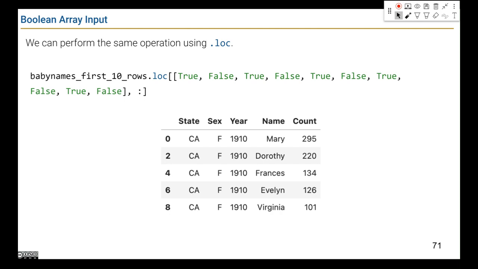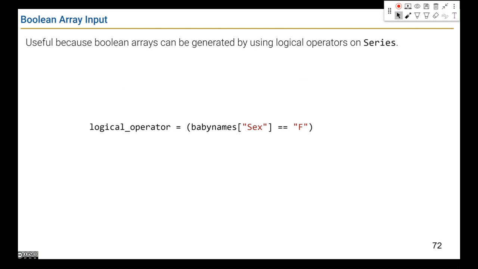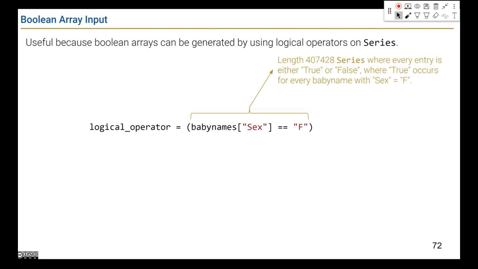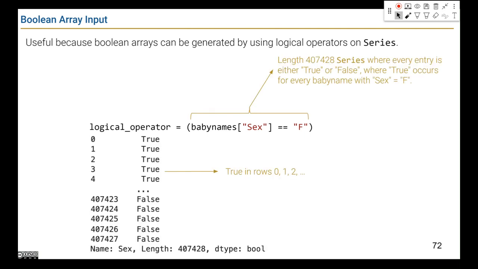What's nice about this is we can generate Boolean arrays by using logical operators on series. So here's a good example of using the logical operator of the double equal sign on the series baby names sex. This is going to now give me a series where every entry is either true or false.